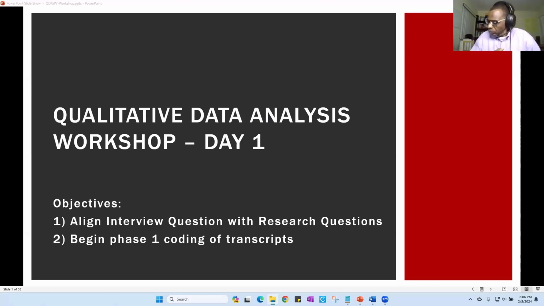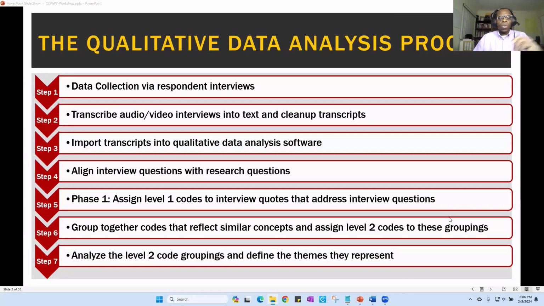So the qualitative data analysis process is as follows. First, you have data collection via the respondent interviews. You transcribe the interviews, and then you clean up the transcripts. Then you import the transcripts into your qualitative data analysis software.